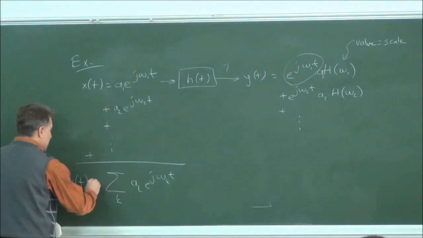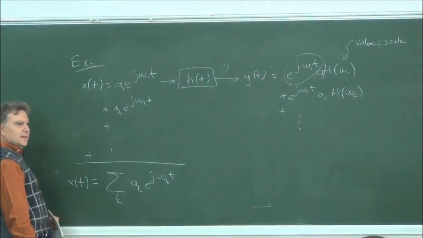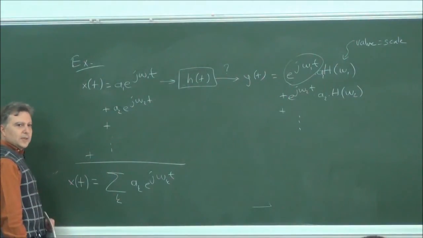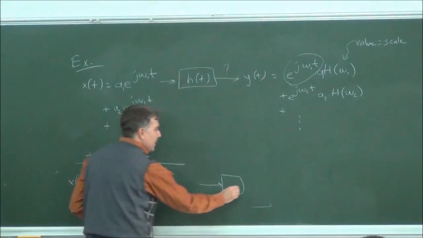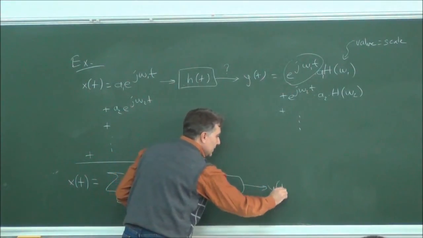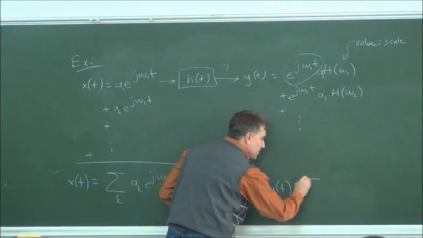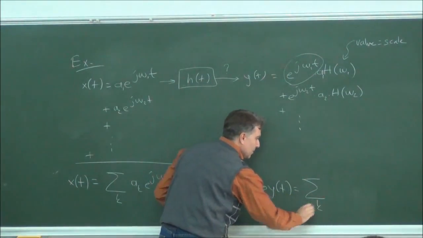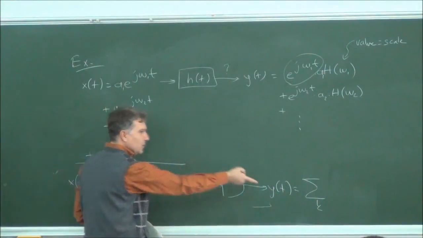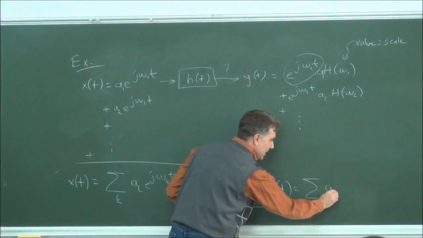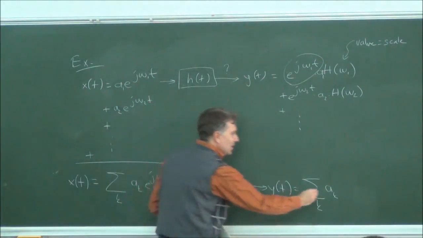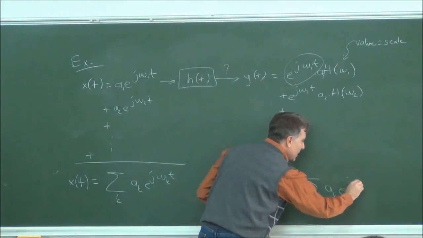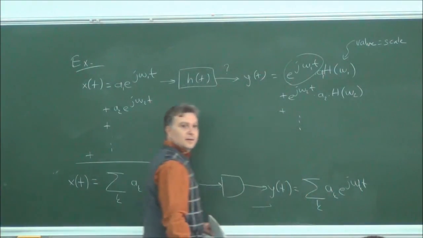And I want to represent it like this. X of t, our input, goes into my system, and the output is y of t, which is the same summation. Every ak will produce the same ak. Every e to the j omega k t will produce the same e to the j omega k t.